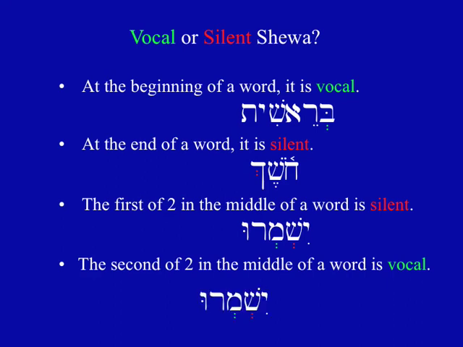That one must be vocal. Otherwise, the final syllable of the word would be mru, and that would be a syllable beginning with two consonants instead of one and only one consonant. So taking the whole word together, yishmeru.